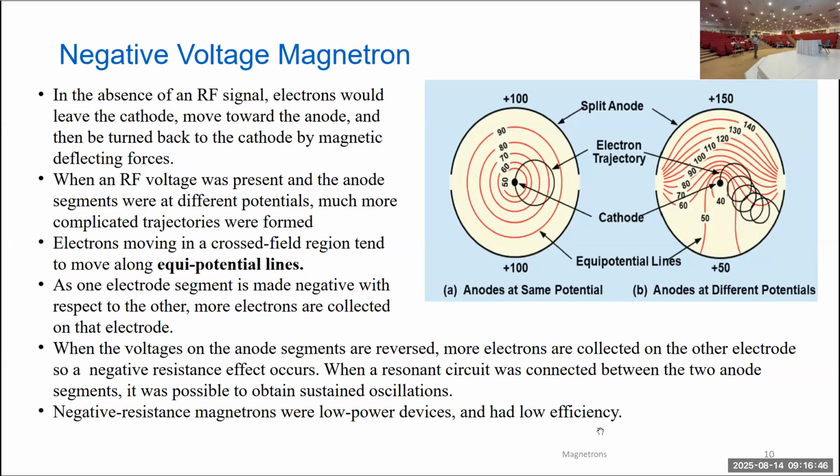Electrons move mostly in this region. When the biasing is reversed, they move in this region, then again in this region, and RF is produced by the cyclotron motion of these electrons.